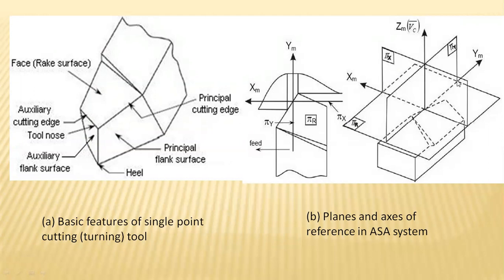The dotted line clearly specifies the top view representation. Then the ZY plane. Simultaneously, the XY plane clearly specifies the side view representations, either the left side view or the right side view.